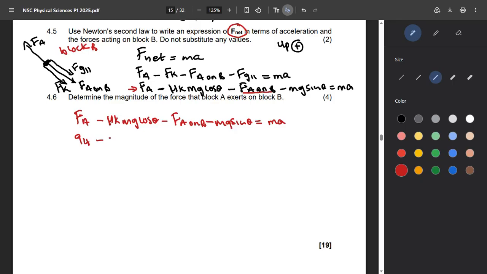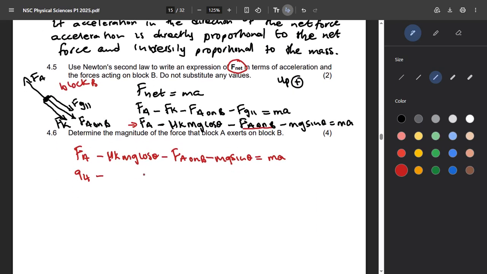We minus the coefficient we just calculated as 0.4. Right? So in fact, don't you think we should just use the given force instead of doing this? Because already we know what is FK for block B. We know what is FK, right?